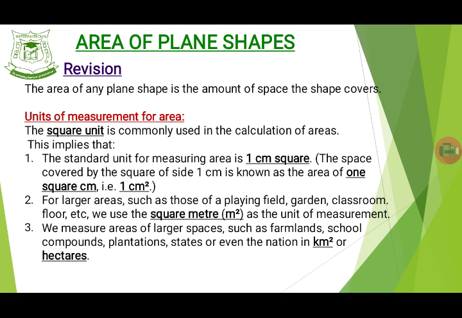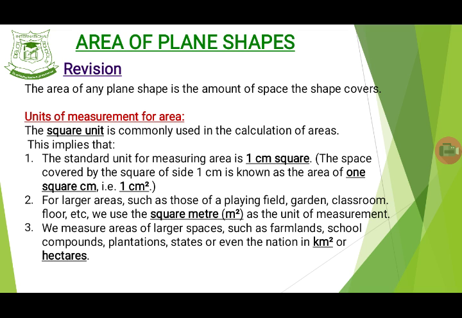At a very, very small level, we can use a centimeter square to do the measurement. And then for larger areas like your playing field, your classroom floor, your garden, and so on, you can use meters to measure it. I explained that to you in the last class.